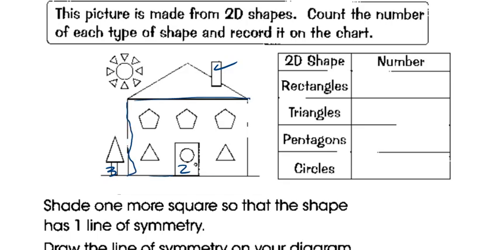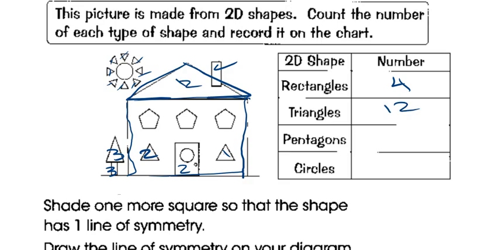How many triangles? Let's count the triangles. One, two, three, four, five, six, seven, eight, nine, 10, 11. 11 triangles. And we have one here on the top that gives me 12 triangles. How many pentagons? Let's count them. One, two, three.